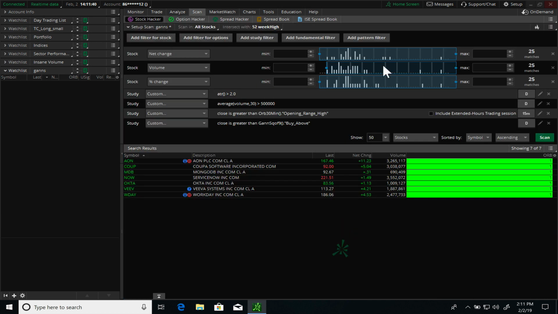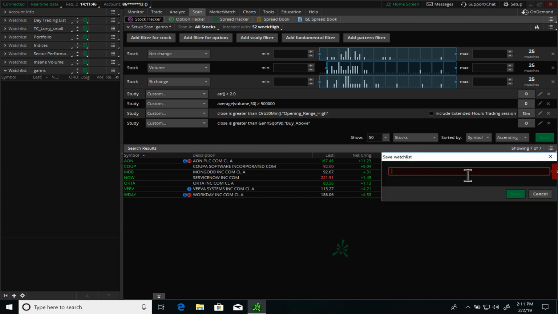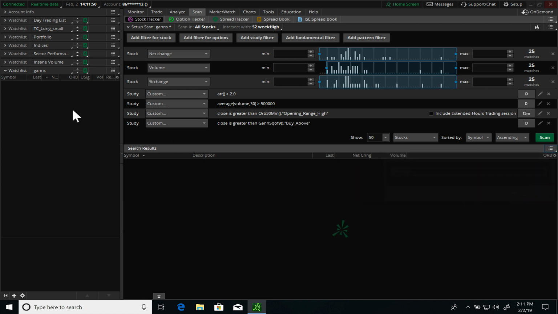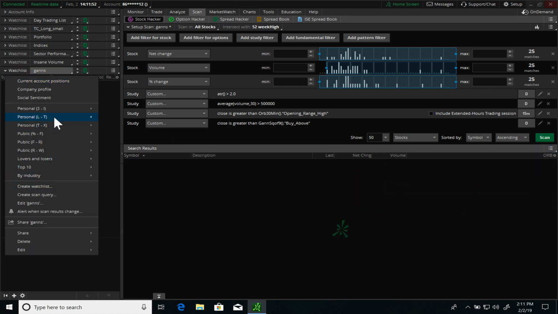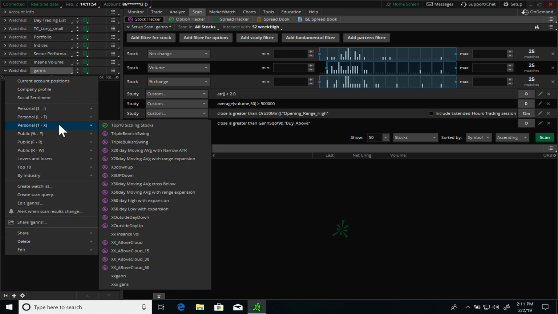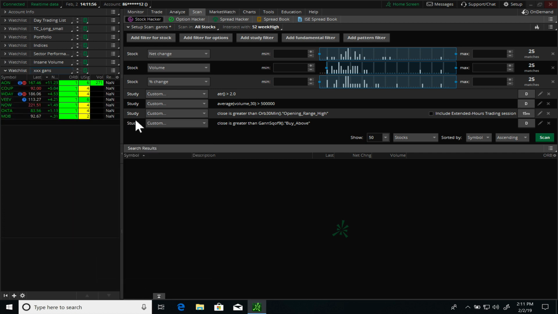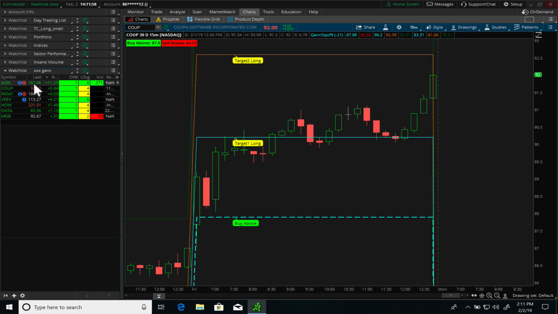If we run the scan here, it doesn't seem to have any issue. So anyway, we'll just save this scan for now and call it Gann S save, and then we'll select it here now. Okay. So now we can at least look at what the stocks are doing.